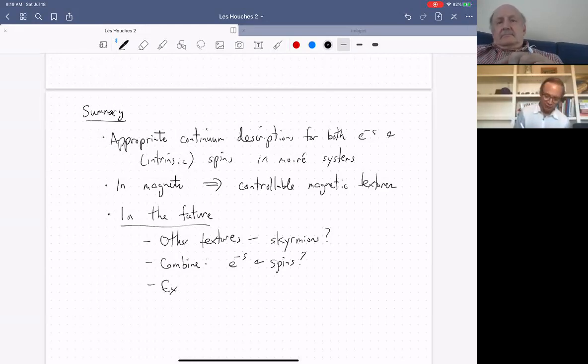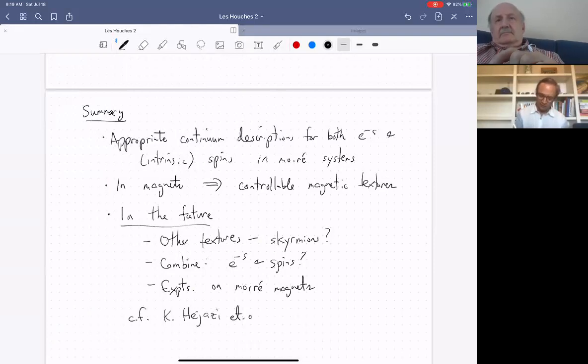And most importantly, we should really see more experiments on Moire magnetic systems, which I'm sure we'll see in the next few years. So let me just leave you with a reference for the work I talked about today, and I'm happy to take any questions at this point.